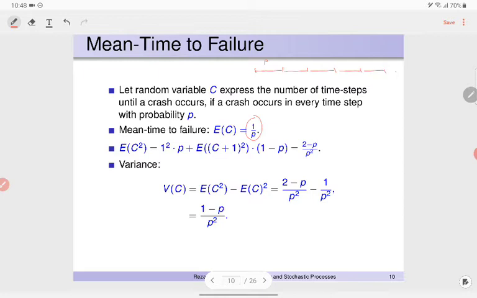For this purpose, we will compute the expectation of C squared. How do we compute this? One of the simpler ways is just taking the square, and there are two possibilities.